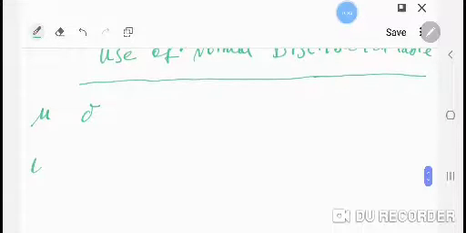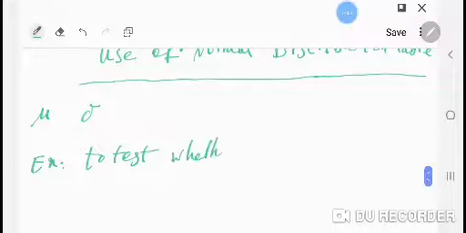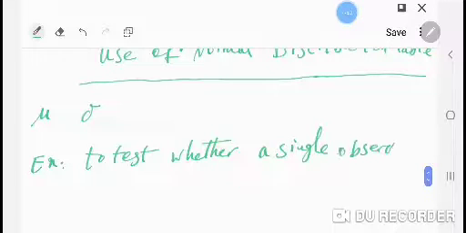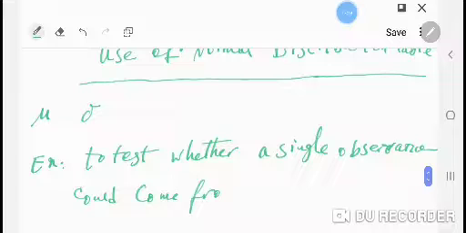Example, to test whether a single observation could come from a normal population.